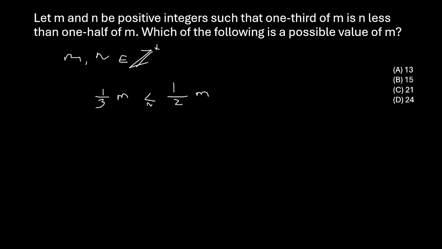So actually we see that 1/3 of m is less, so we can rewrite it as: if we were to add n to 1/3 of m, it would be equal to 1/2 of m.